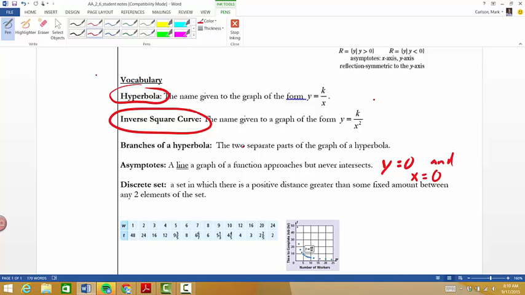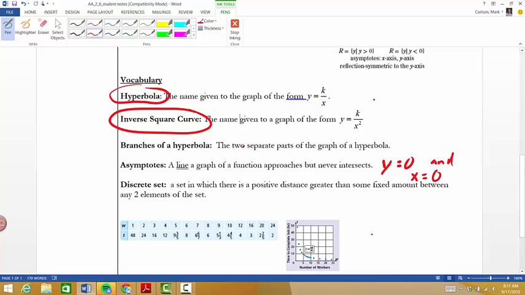Okay, so here's an example of a discrete set down here. All of these values are ordered pairs that satisfy a given function, but they're the only values in that function. So we would not be connecting these points. It's those individual points alone, and we do not want to connect them.